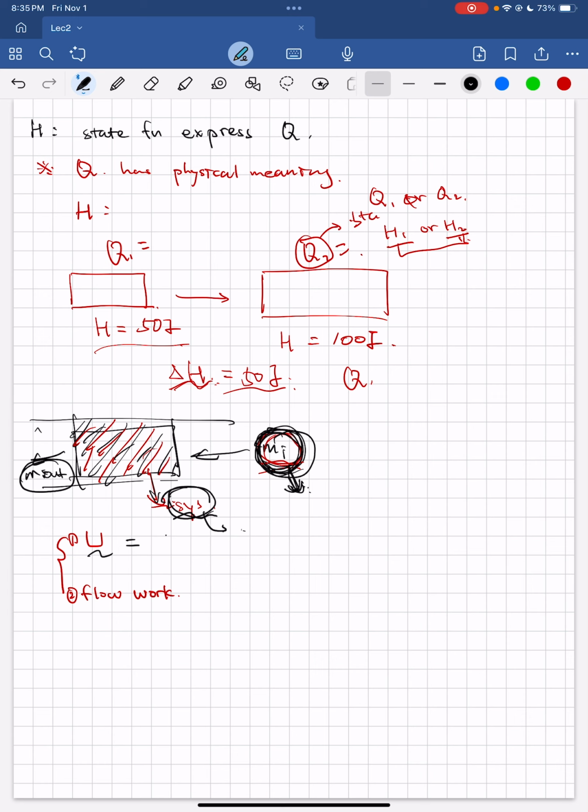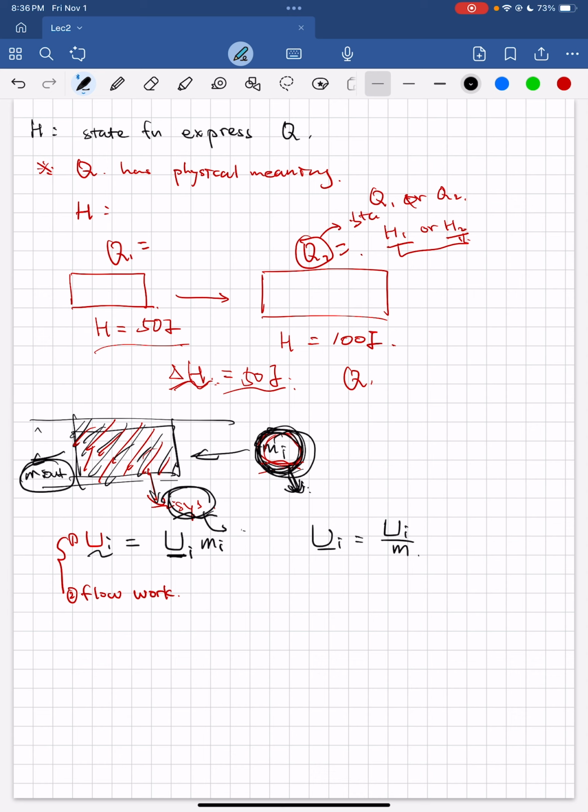So the internal energy change is Mi times ui. Remember this, specific internal energy of the incoming particle, right? And we can express it like this, because ui equals Ui divided by Mi.